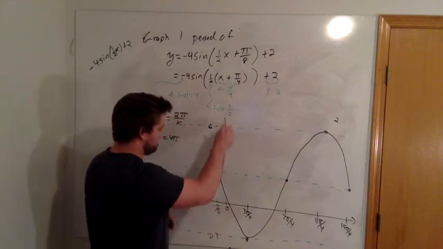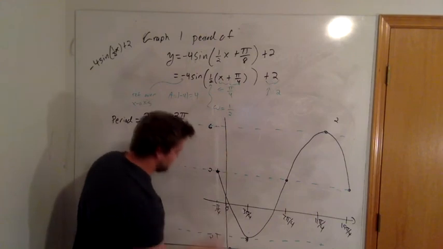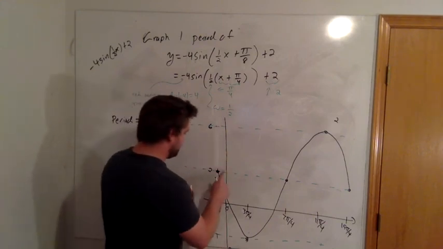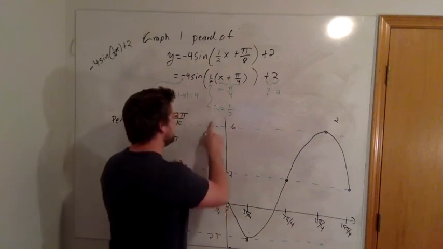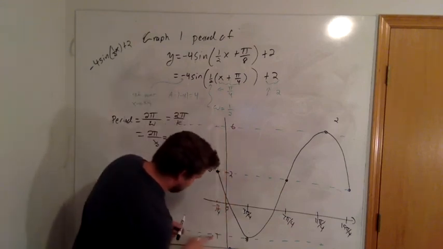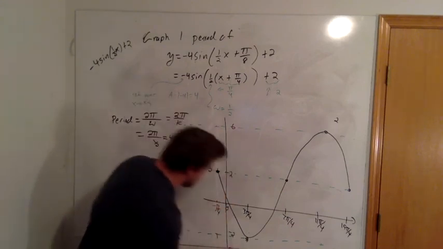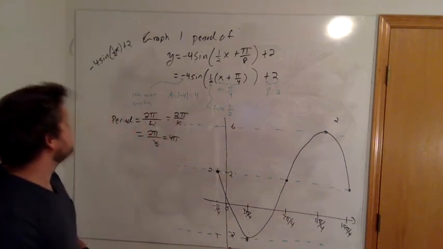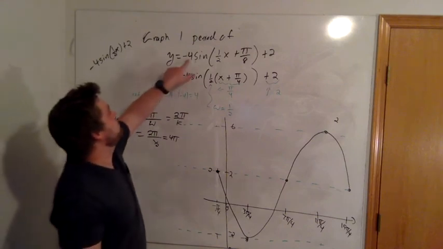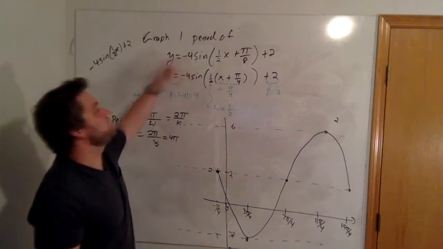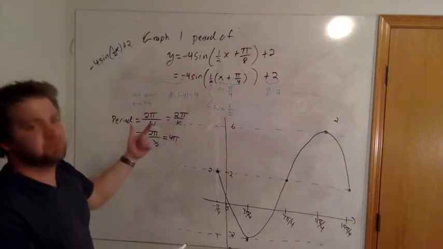So I'll draw that. This is where the y-axis would be. So we'll record the 2 here, put the 6 here, and put the -2 here. And there we have it. There's a graph of our function y equals -4 sine of 1/2 x plus pi over 8, plus 2.